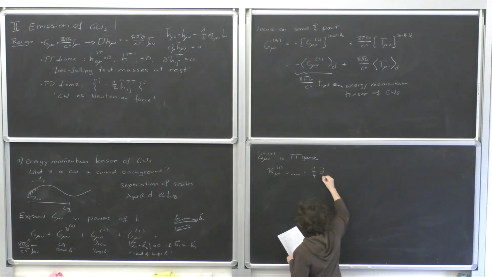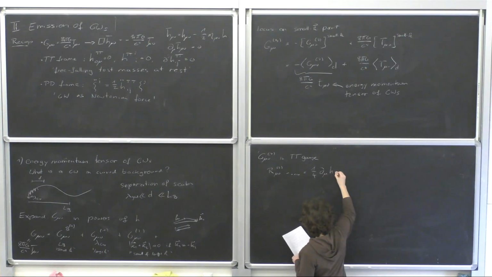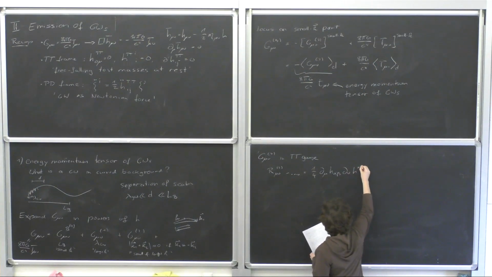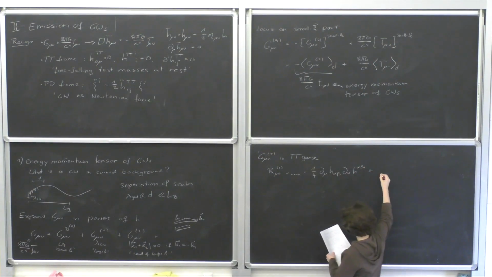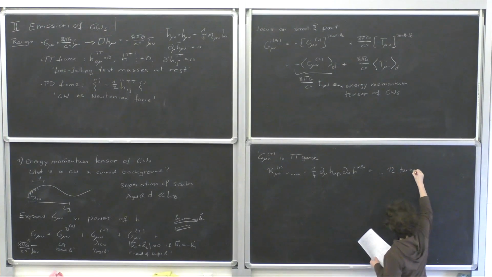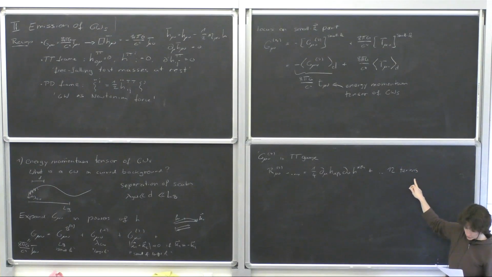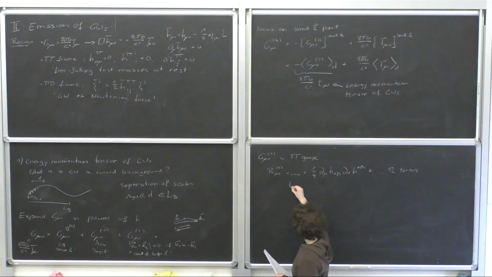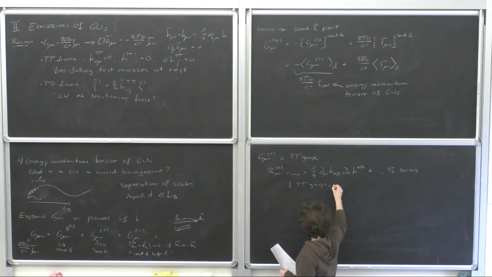You get a term that looks like this: ∂_μ h_αβ ∂_ν h^αβ plus 12 terms that I'm not going to write, because all of these 12 terms go away once you impose TT gauge and use integration by parts.